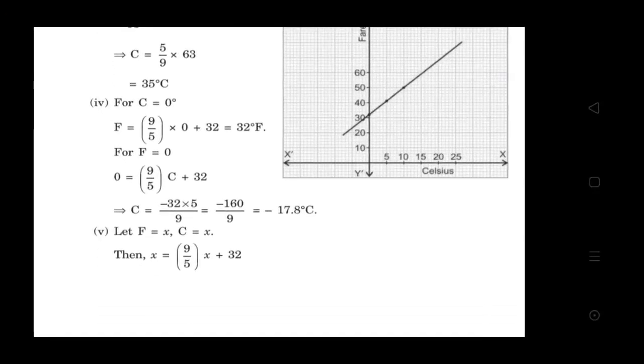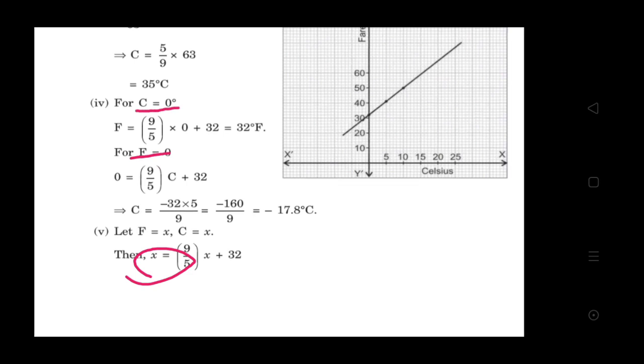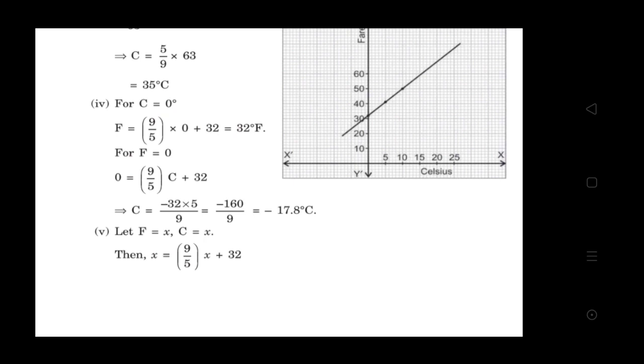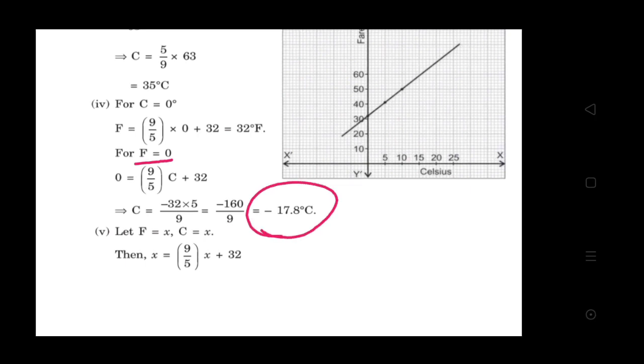So see, in solution fourth, for 0 degrees Celsius, we put 0 in place of Celsius in the equation, so it becomes 0. Now the remaining 32 is the Fahrenheit. Afterward, if we take the value of Fahrenheit as 0, then Celsius is minus 17.8 degrees Celsius.